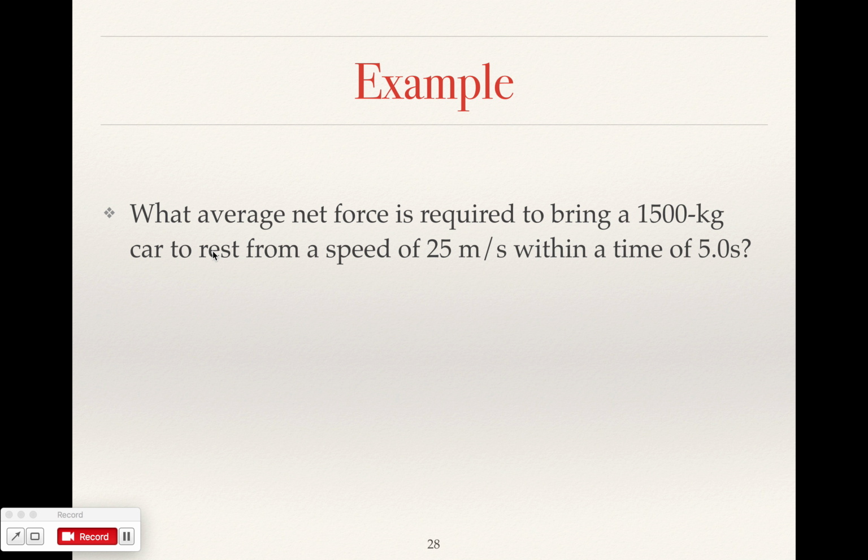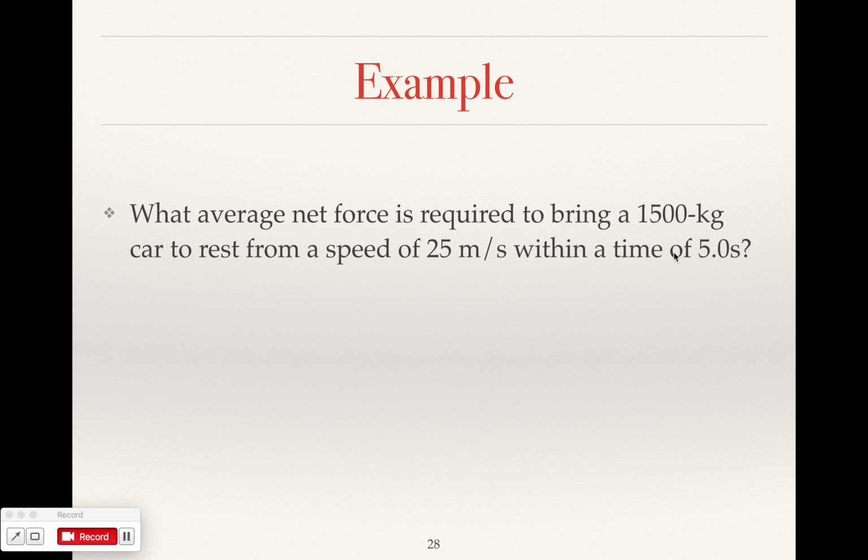Well, if we start off at rest, we end up at a speed of 25 meters per second. Whatever direction this is, we'll call it the positive x direction. So our change in velocity is positive 25 meters per second, and that happened in 5 seconds. So the acceleration is delta v over delta t: 25 meters per second divided by 5 seconds, which is 5 meters per second squared.